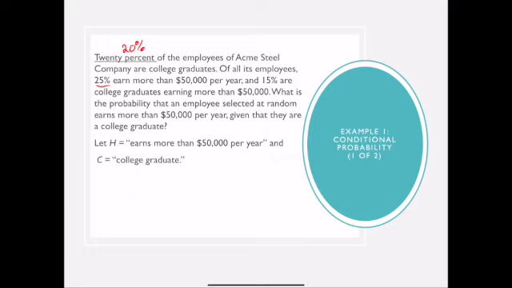Let H be earning more than $50,000 per year and C be a college graduate. The probability of H is 25% because 25% of their employees earn more than $50,000 per year. The probability of C, we are told, is 20%, so 20% of the employees are college grads.